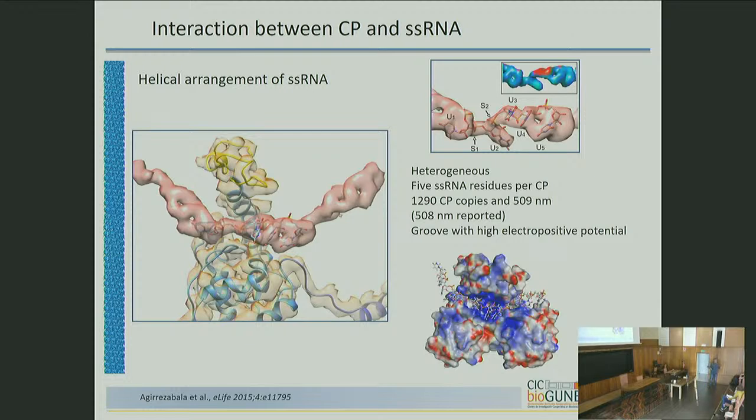And we always have, as you can see here, the red region of the density for the RNA, indicating that you have problems of resolution and definition there. And actually, in the first map, we could not even define the polarity of the RNA. We could not see even where the bases were pointing.